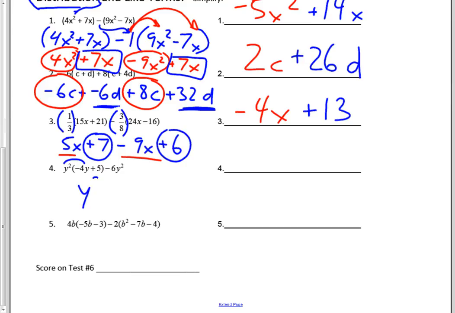Y cubed. Y to the third. When you start to multiply exponents with exponents, you add them up. Y squared and the y is y cubed. I still have the -4 in front. The other one doesn't have a y, so I just put y squared. Is the 6y squared inside here? No, it's just on the end.